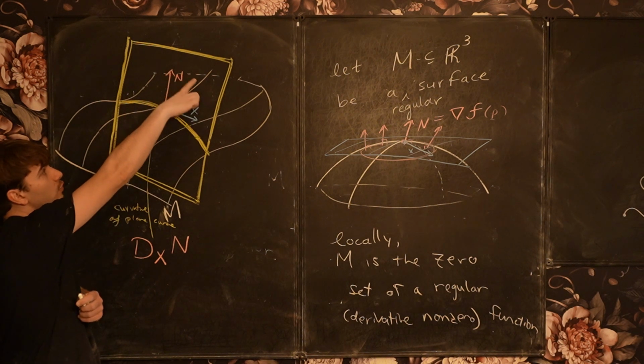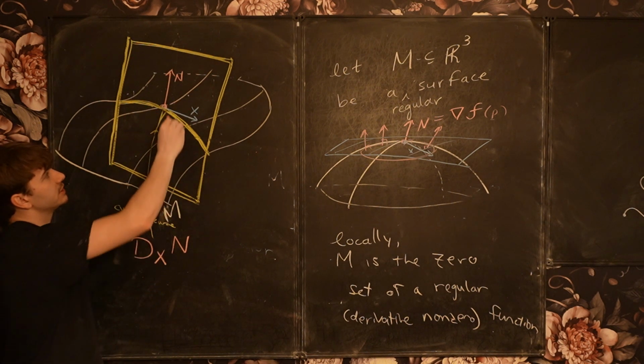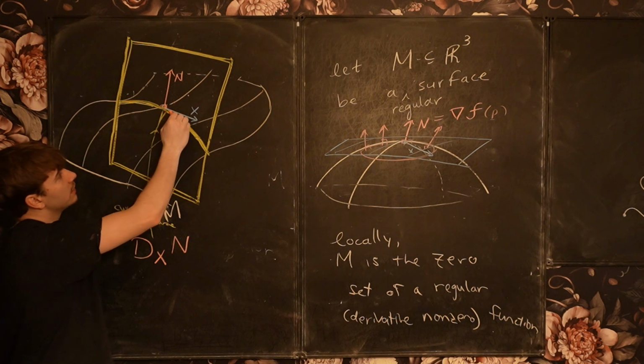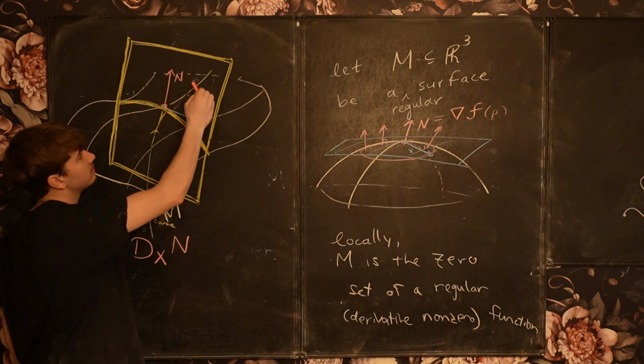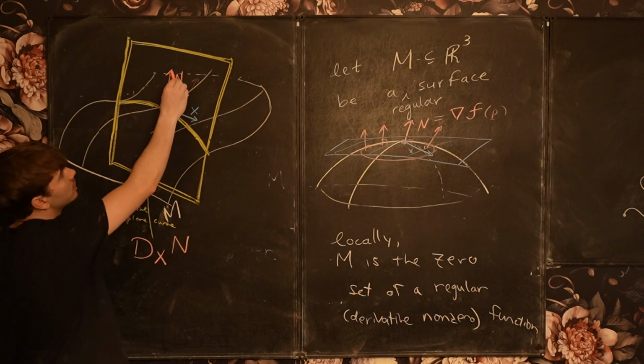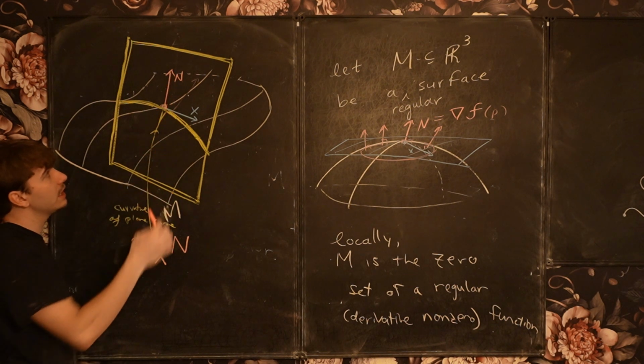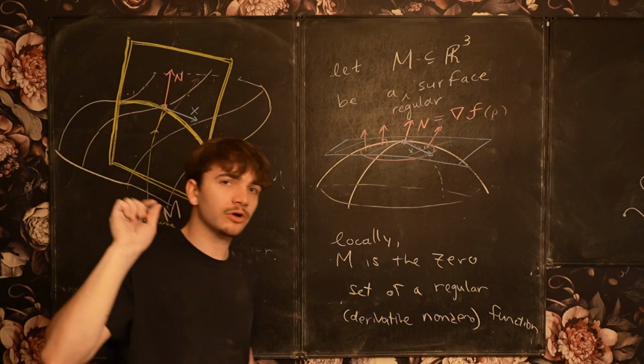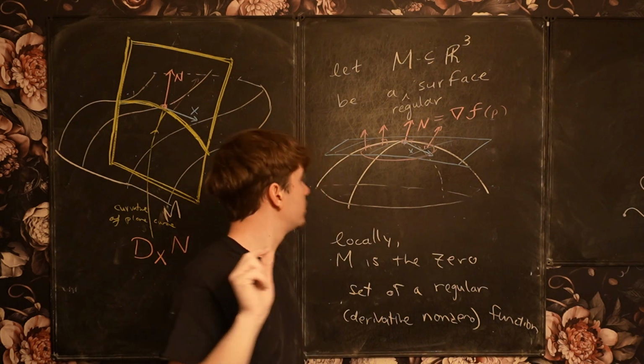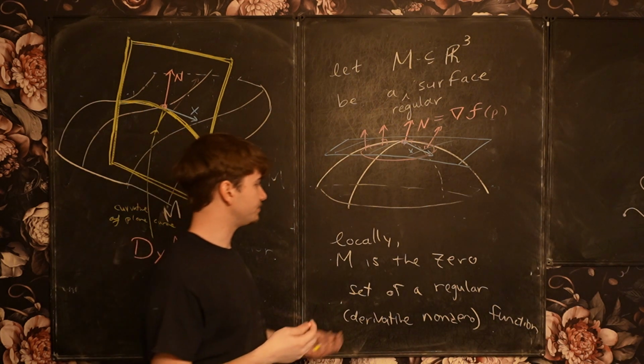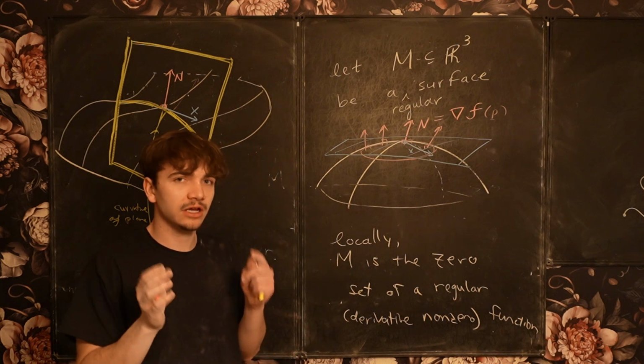If I look at the way that the normal vector changes locally, here's the normal vector a little bit further along the plane. The normal vector is going to change locally in a direction which is orthogonal to itself, because we're assuming the normal field is a unit normal field.